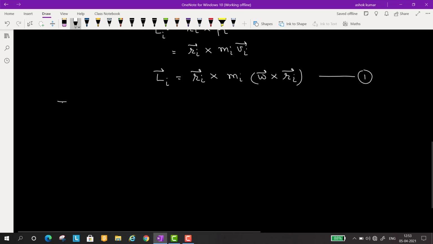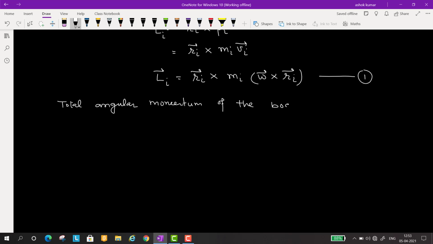So the total angular momentum of the body is given by the total angular momentum, which is a vector sum of all the particles: L1 vector plus L2 vector plus L3 vector and so on.